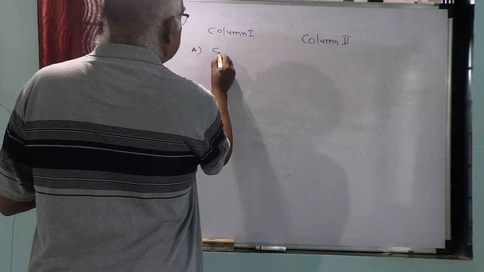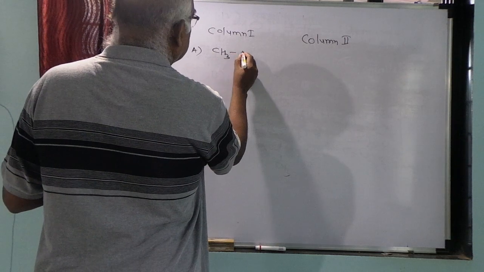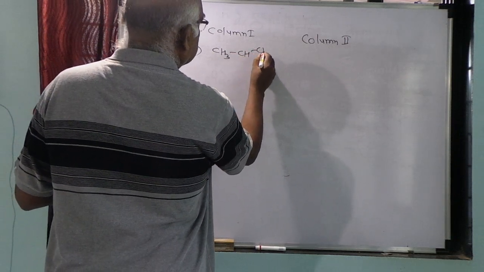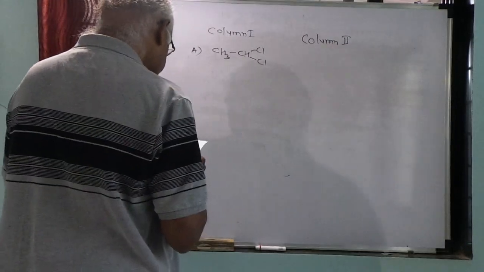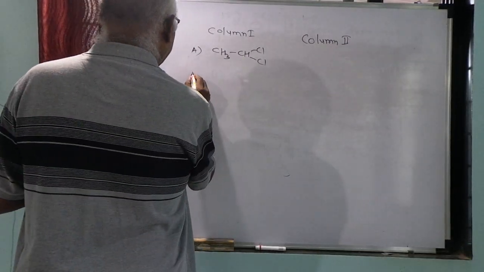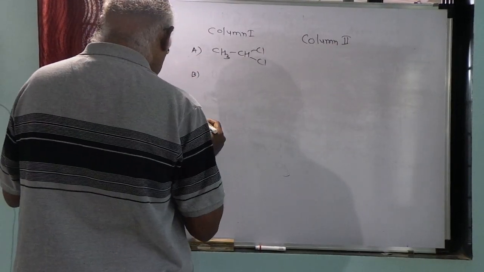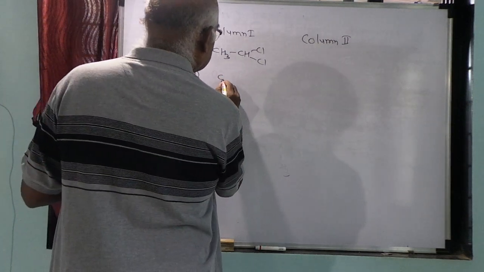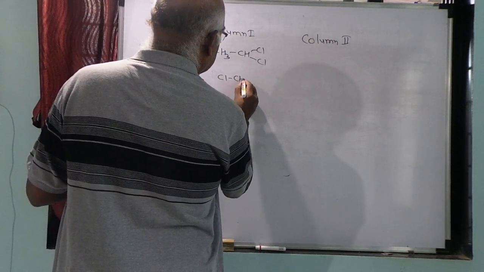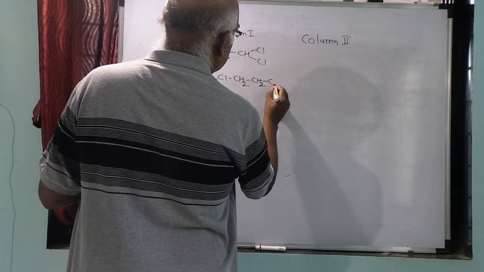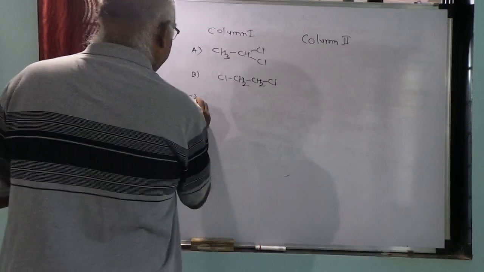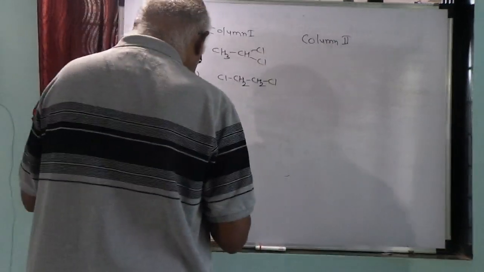The first example is CH3 CHCl2. Then the second, or B, will be ClCH2 CH2Cl.